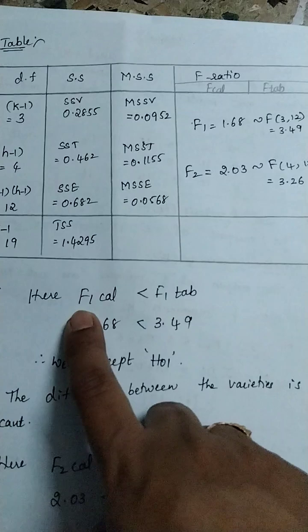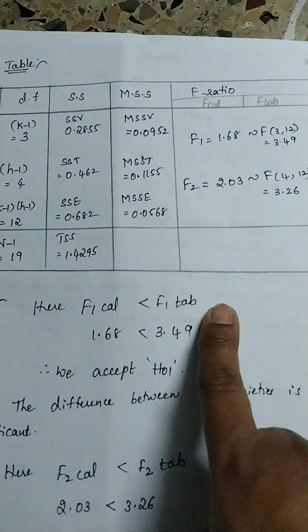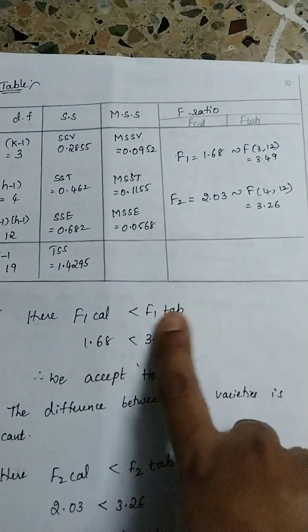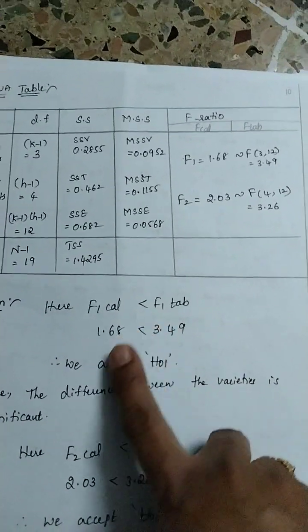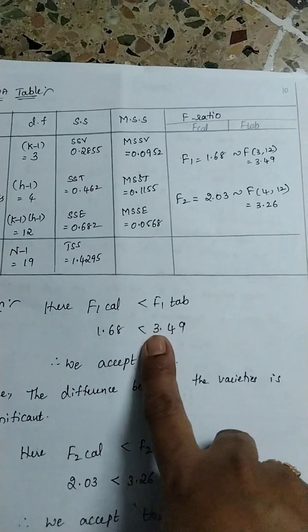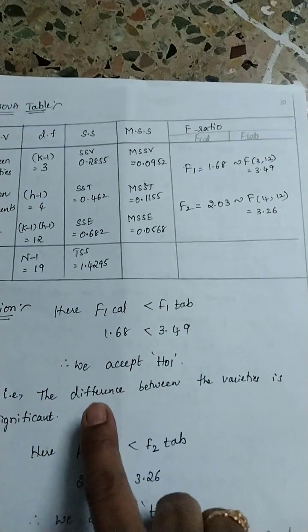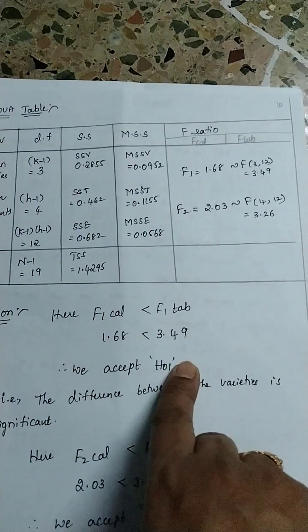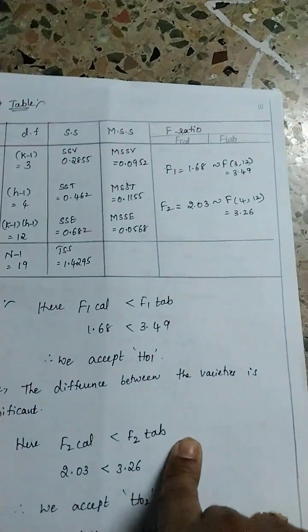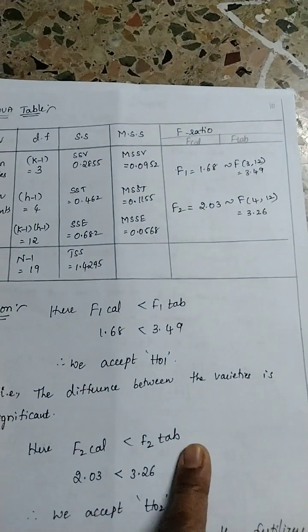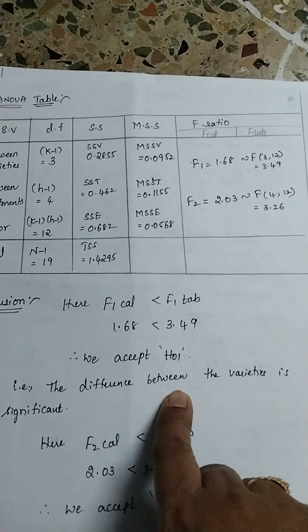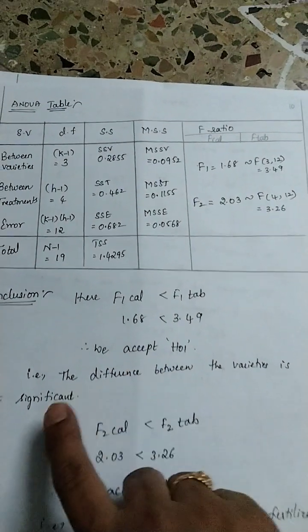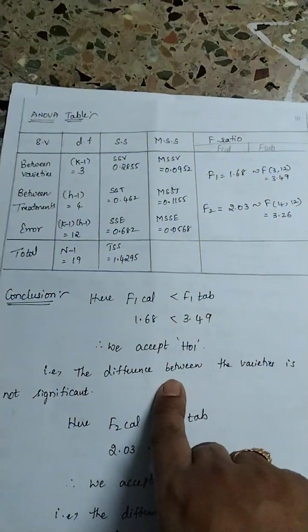The conclusion for the first one: F1 calculated value is less than F table value. The F table value you have to check from the tables. So F 1.68 is less than 3.49. That means we accept the null hypothesis H01, where H01 means there is no difference between the varieties.